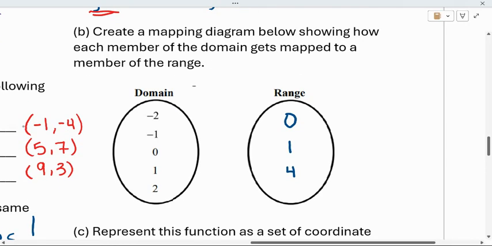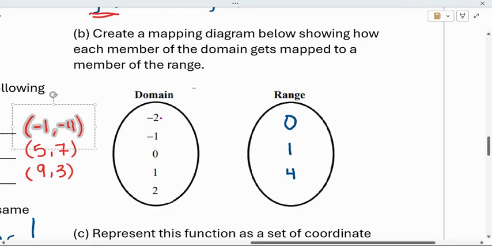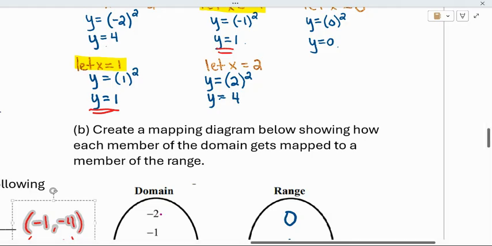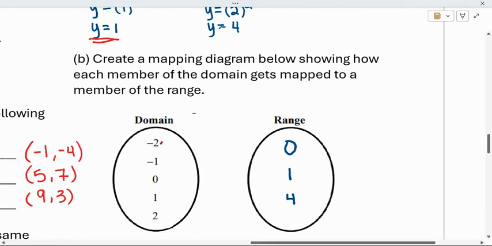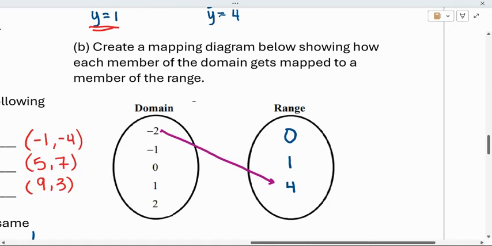So when I took the input -2, when I let x equal -2, what was my output? When x was -2, y was what? 4. So I'm going to take an arrow and draw it from -2 to positive 4. Are you with me up front?